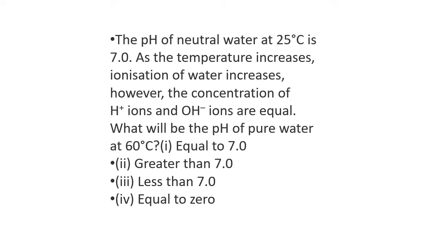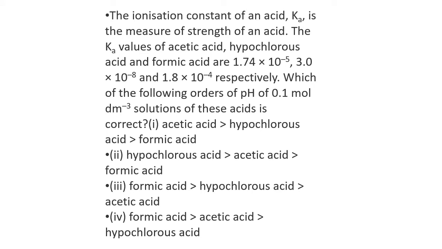Right. Next, the ionization constant of an acid, Ka, is the measure of the strength of an acid. The Ka values of acetic acid, hypochlorous acid, and formic acid are 1.74 into 10 to the power minus 5, 3 into 10 to the power minus 8, and 1.8 into 10 to the power minus 4 respectively.